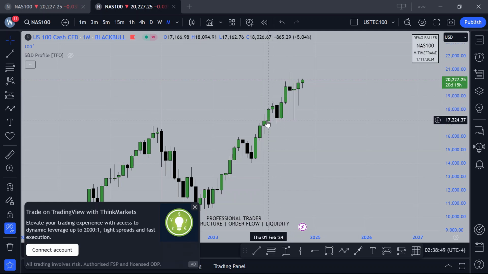If you look at the market this way, it's a very easy way to determine the market direction, because if we have a market structure shift on the monthly, the other time frames would then follow, the weekly and the daily, etc. So, as I said, liquidity rests above old highs and below old lows.